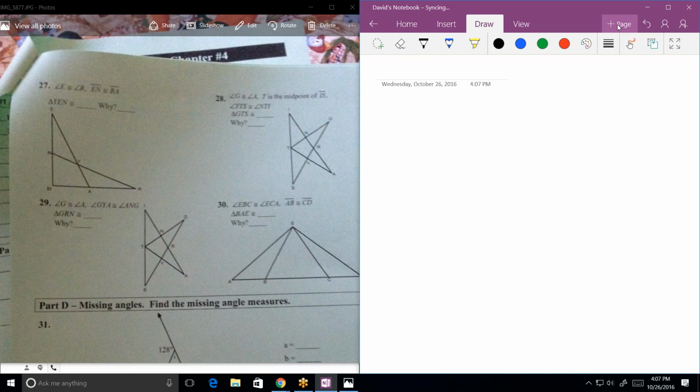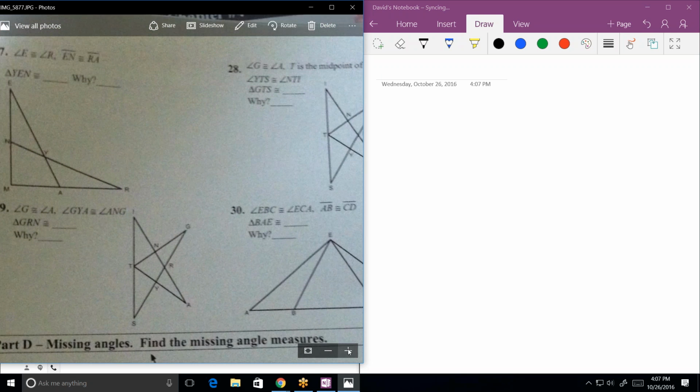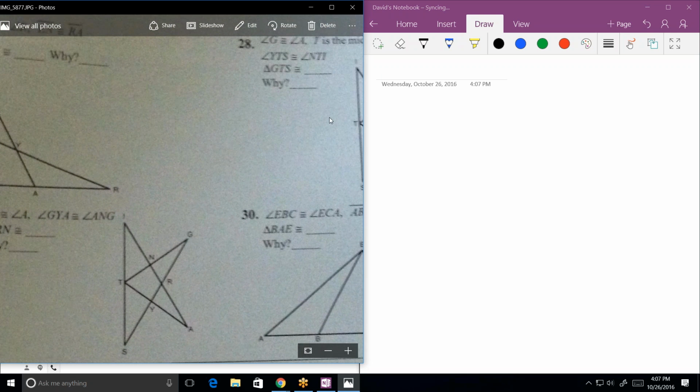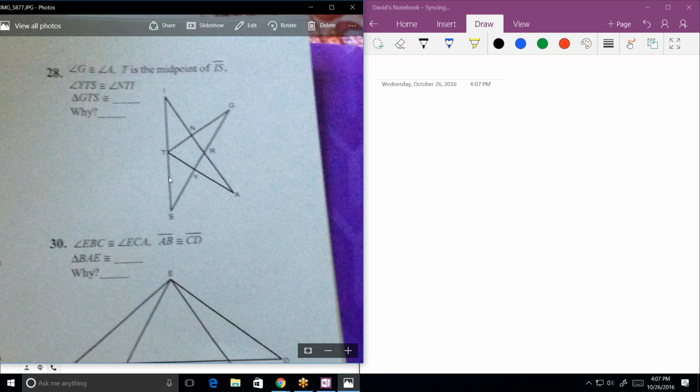Maybe I don't need to draw this one. Man, I can barely see it though. There. So we have G equals A. T is the midpoint of IS. Now I'm going to have to draw it.